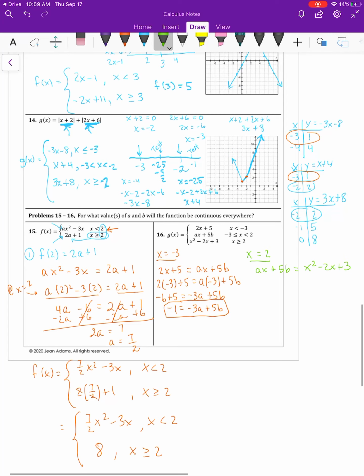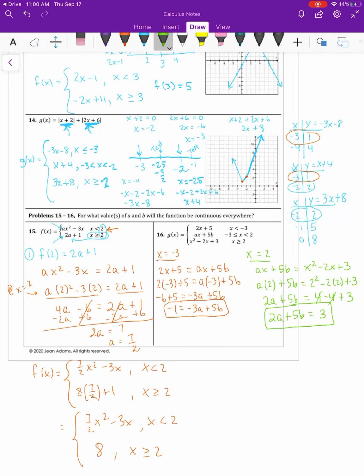Okay, we only need them to equal when x is 2. That's the only time we need them to equal each other, okay? So that's going to be 2a plus 5b equals 4 minus 4 plus 3. Well, 4 minus 4 is 0. So 2a plus 5b equals 3.